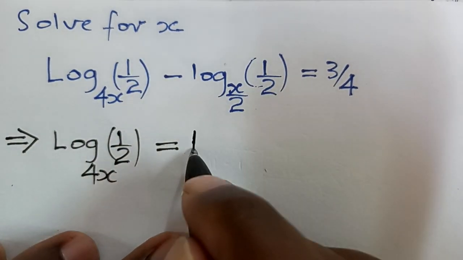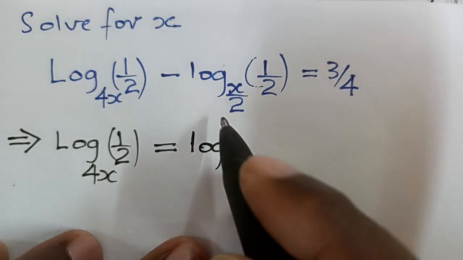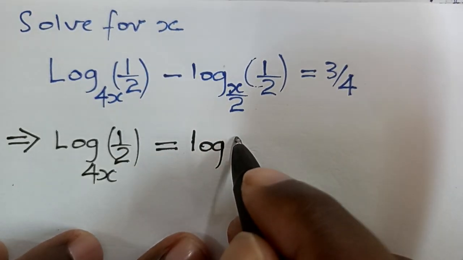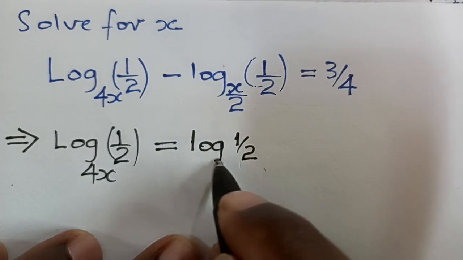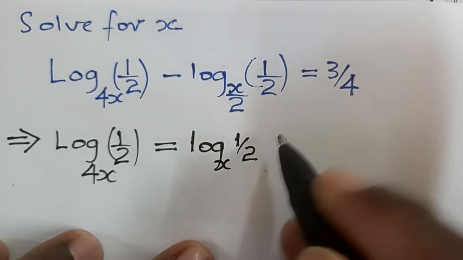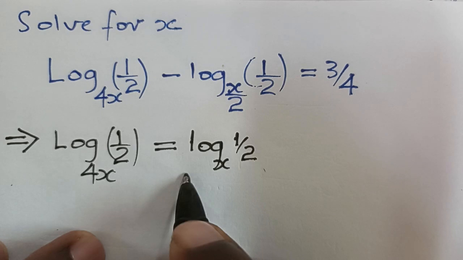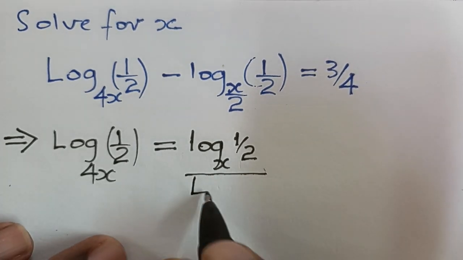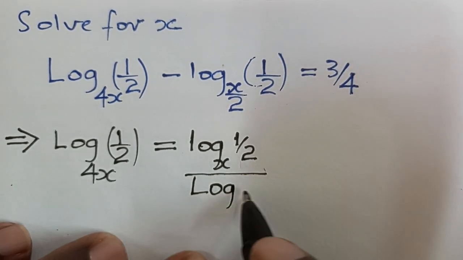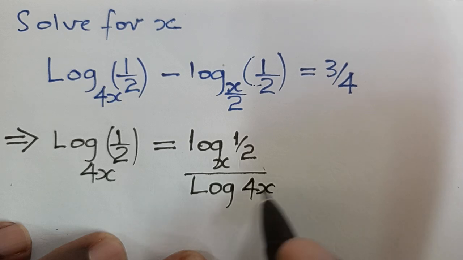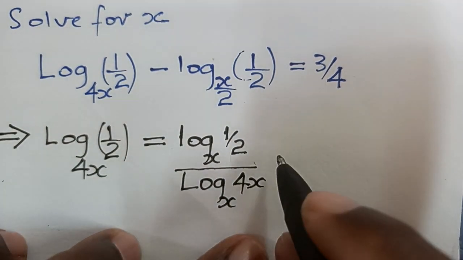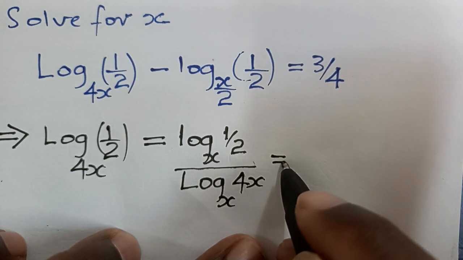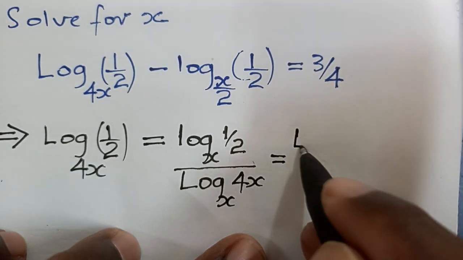So this comes to log 1 a half to base x, all over log 4x to base x.